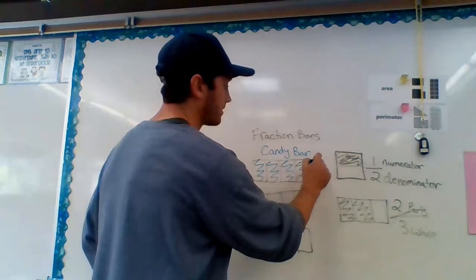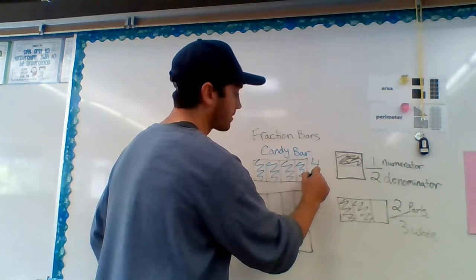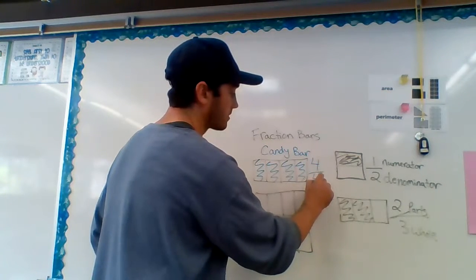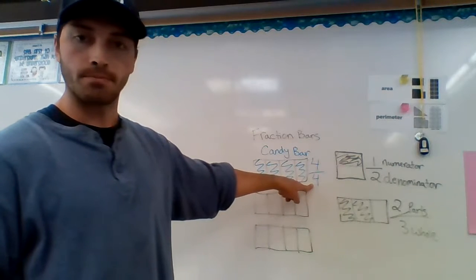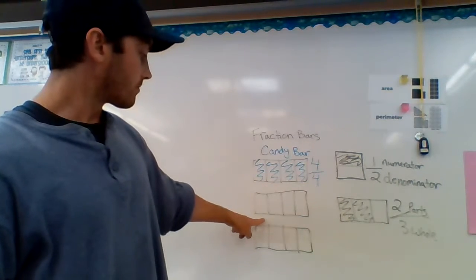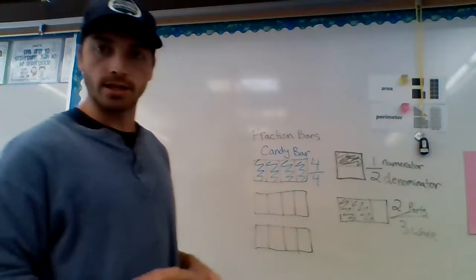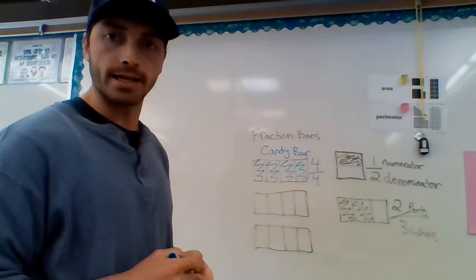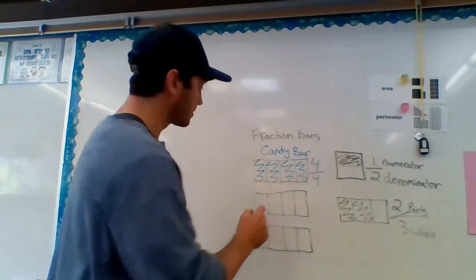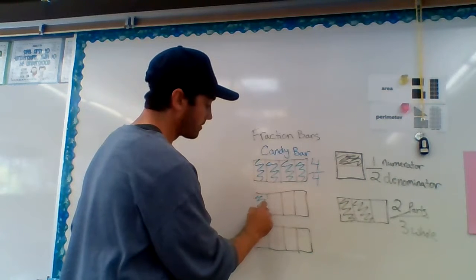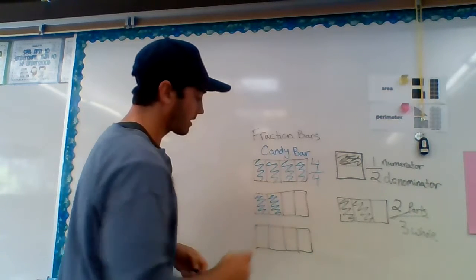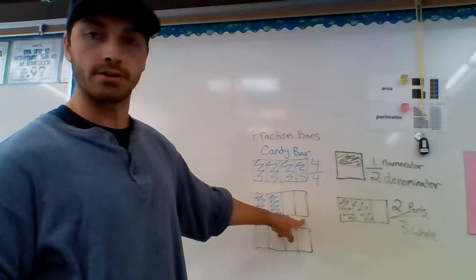We just got it. So we're going to say we have 4 parts to a whole when we've divided it by 4. For this next one, let's say we got a little hungry and we ate half the candy bar. So we're going to eat half now, and we're going to save half for later.